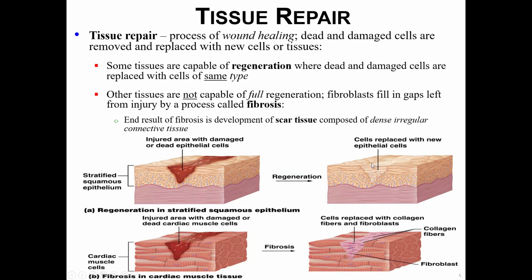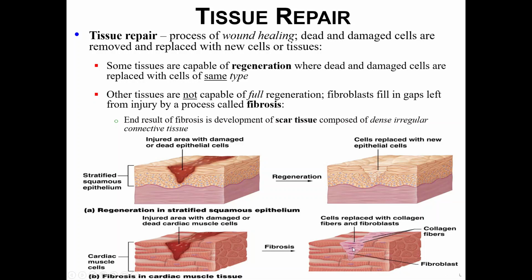Okay. However, if we're talking about your cardiac muscle cells, your heart, okay, cardiac muscle cells are not capable of doing regeneration. We're not going to just make new heart muscle. So instead, we're going to take out all this dead stuff, and instead we're going to fill it with a bunch of collagen, fibroblasts, things like that. But guess what we've lost?